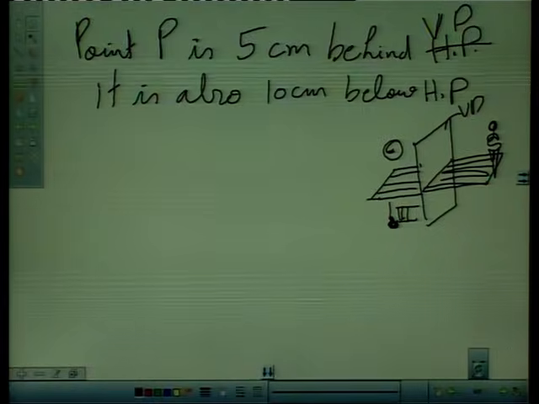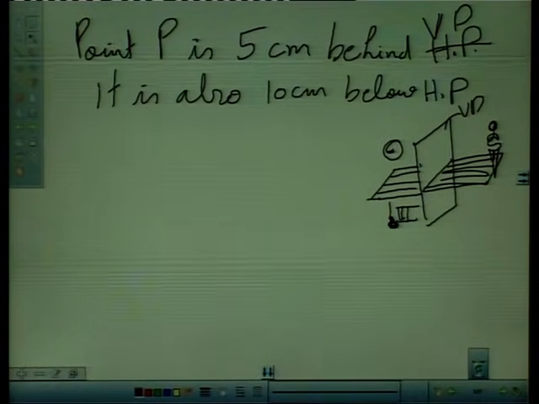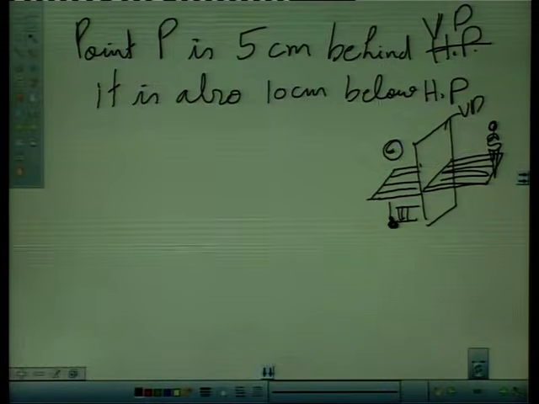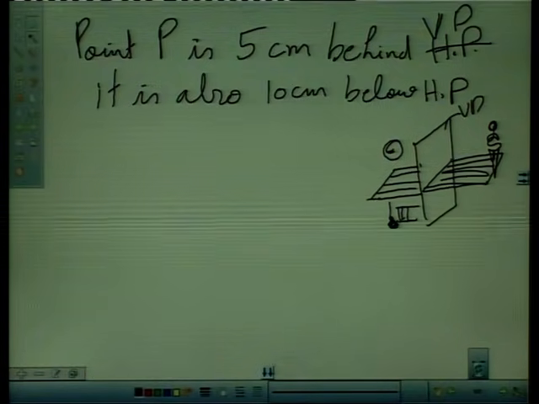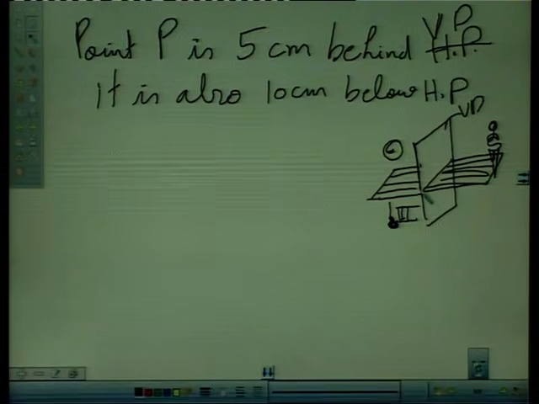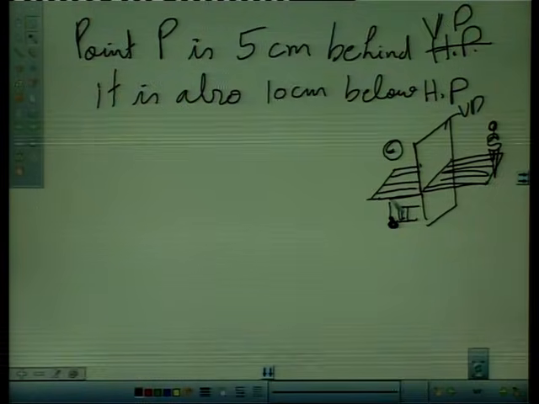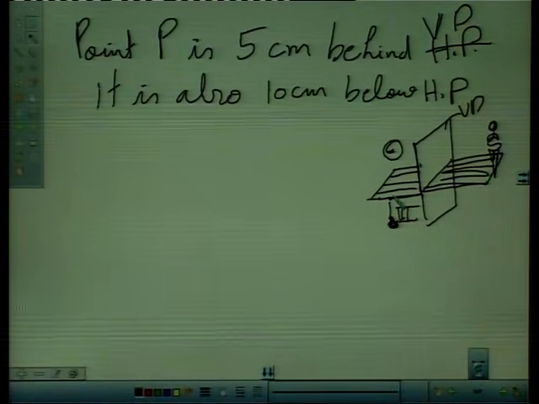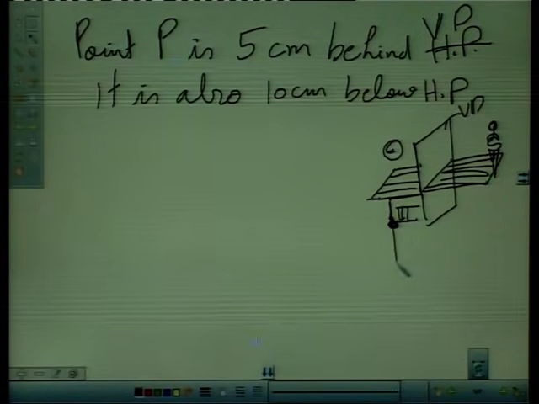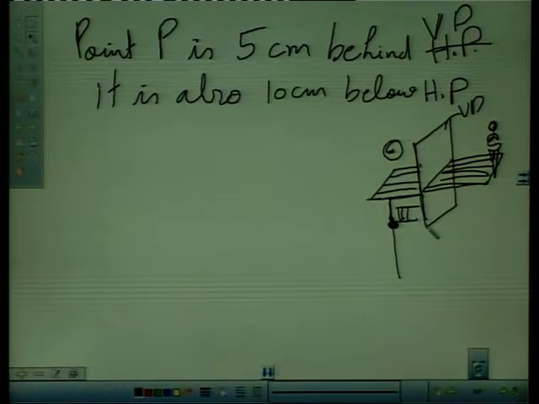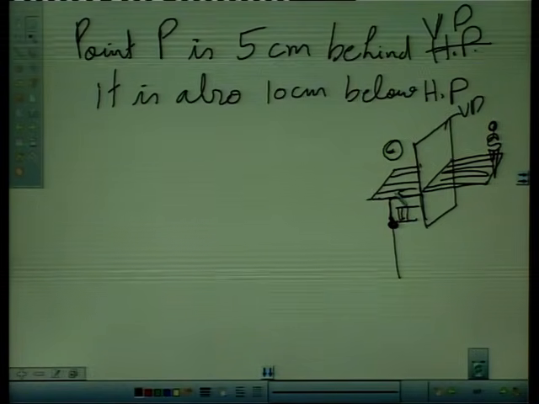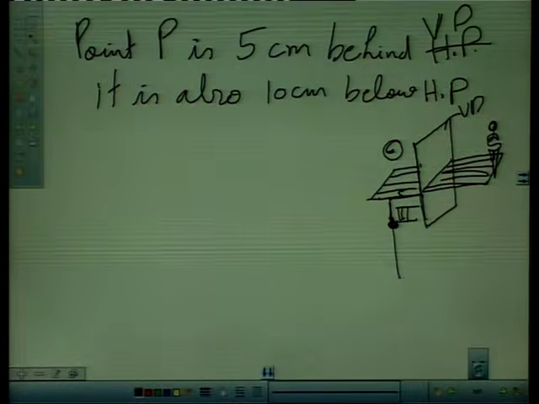And how to draw its projections? Again, first see here, point P is 5 centimeter behind vertical plane, means from this line point is 5 centimeter behind. Behind means this distance is 5.